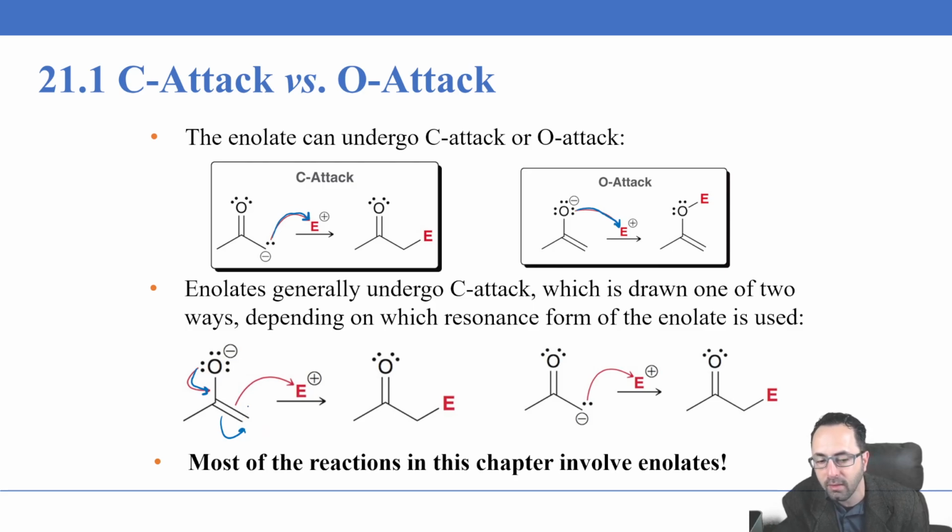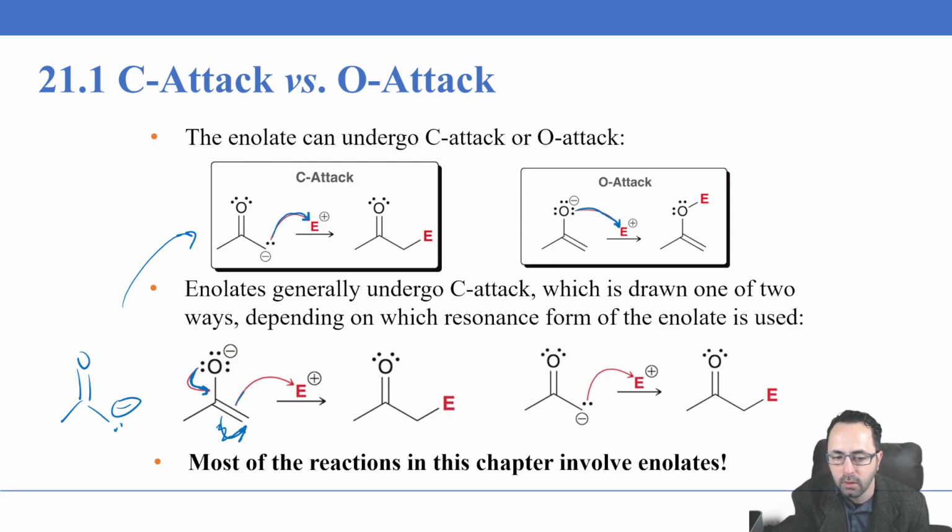This is a shortcut in drawing it: instead of drawing the other resonance form with the negative formal charge on the carbon and then the attack, we can do this all in one shot by writing an arrow straight from the pi bond to the electrophile, installing the electrophile at the alpha carbon.